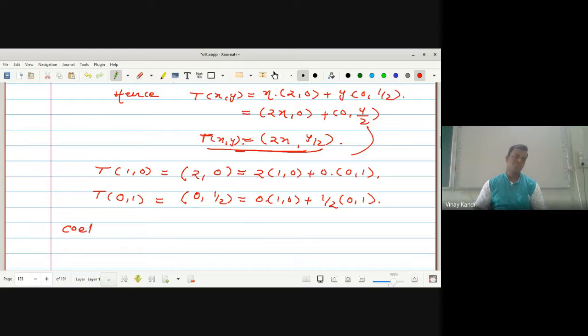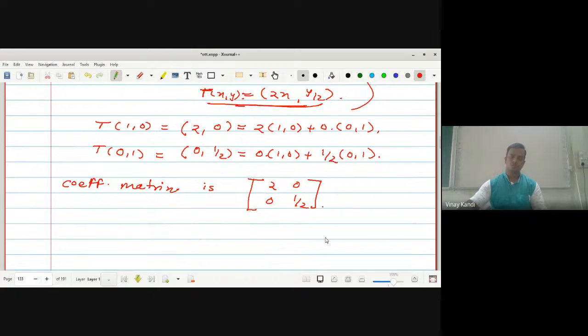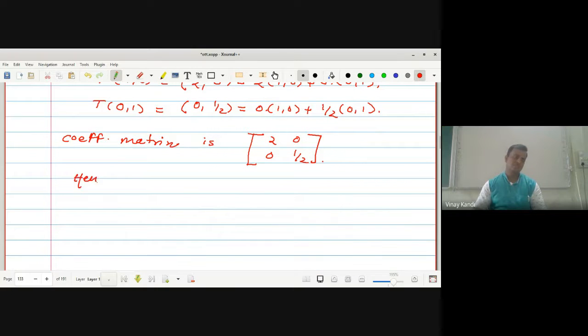Therefore, what is the coefficient matrix? Is 2 0, okay, and 0 1 by 2. Okay, hence the matrix of linear transformation, that is equal to T with basis B, standard order basis, which is equal to what?